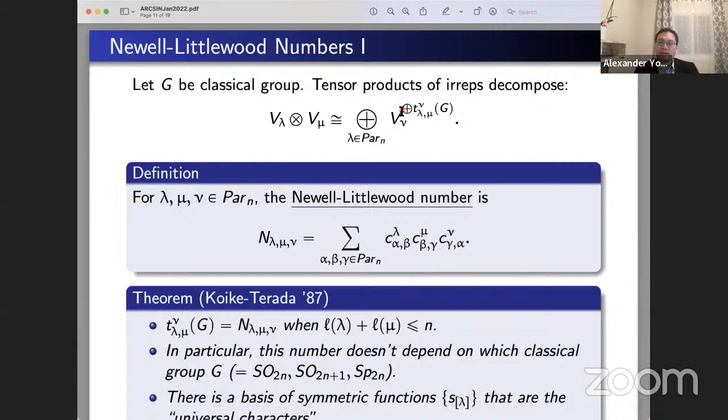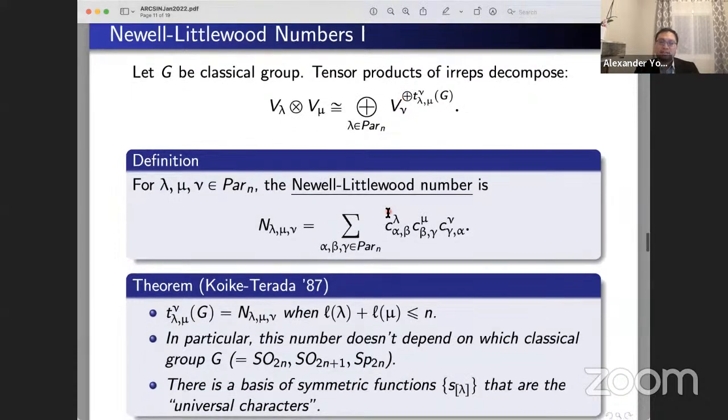However, Klyachko and Terada in 1987 proved the following result. Under a hypothesis, these numbers are in fact equal. The hypothesis is that the length of λ plus the length of μ is at most n, where n is the n in your SO_{2n} or Sp_{2n}. The second statement, which follows from the first: in particular, this number is independent of which classical group you're working with.